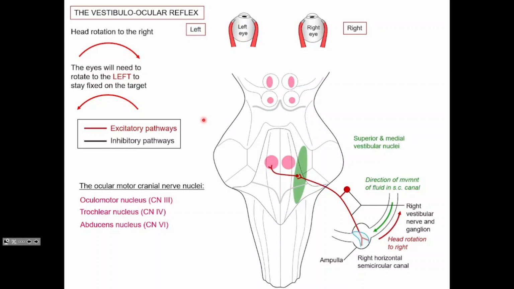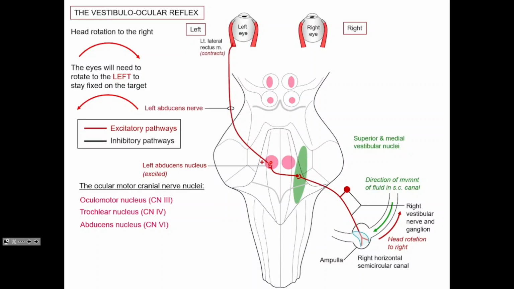Okay, so the right canal is excited, exciting the right medial vestibular nucleus. It's connected to the left abducent nucleus. So this gets stimulated. This left abducent nucleus is supplying the left lateral rectus muscle. Okay, so it is going to contract the left lateral rectus muscle.